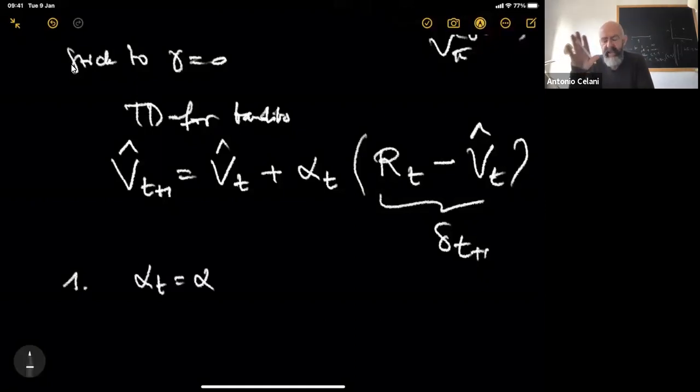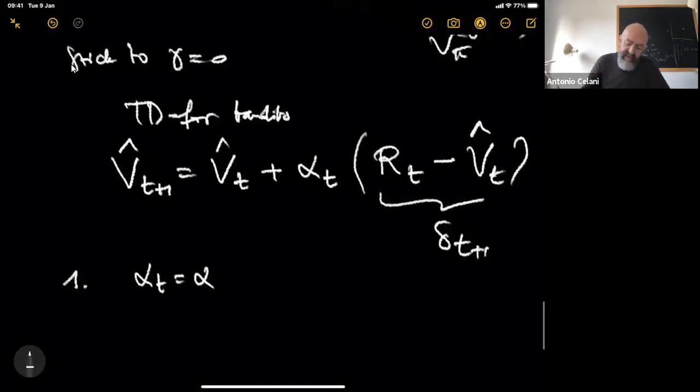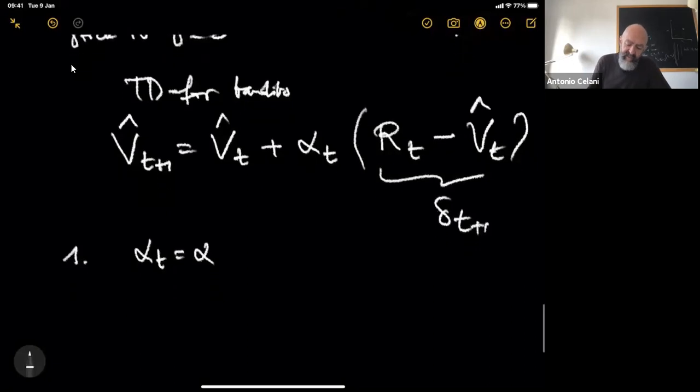Let me state it more precisely: the sufficient conditions are not verified, so we cannot rely on the Robbins-Monro result to prove that this converges to the actual value function. Which is a more precise statement to make. Actually, the only precise statement. Okay, so let's consider this situation.